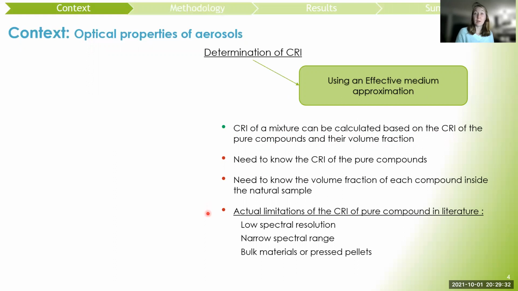But in the literature, there is still limitation about the database of the refractive index of pure compounds. They are often done with a low spectral resolution, with a narrow spectral range or only a specific spectral range, and on bulk material or press pellet, which is not representative of particles in suspension.